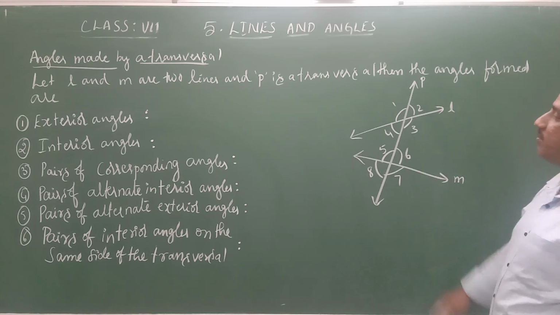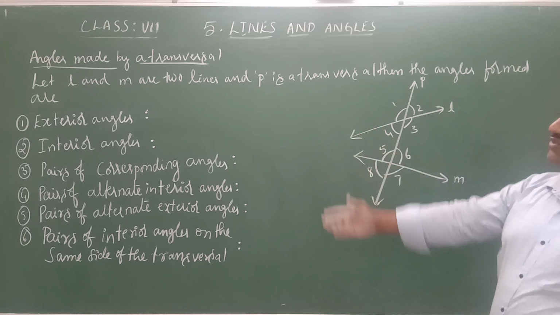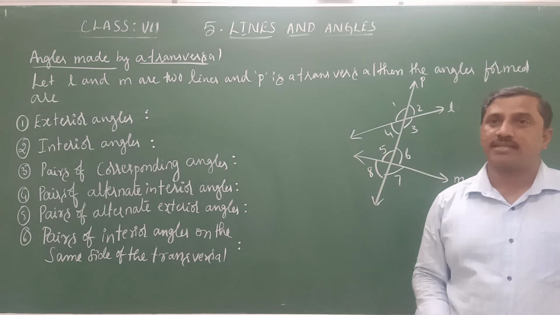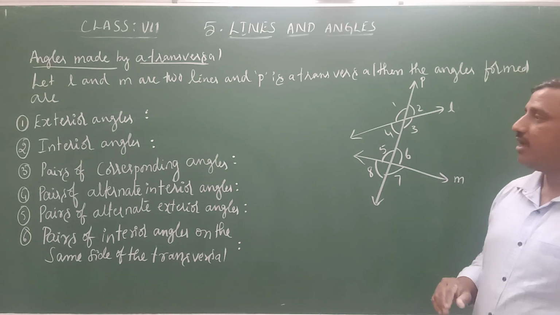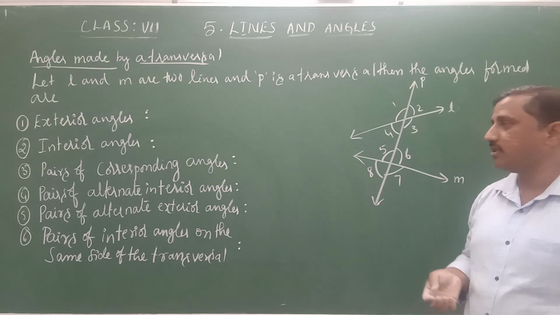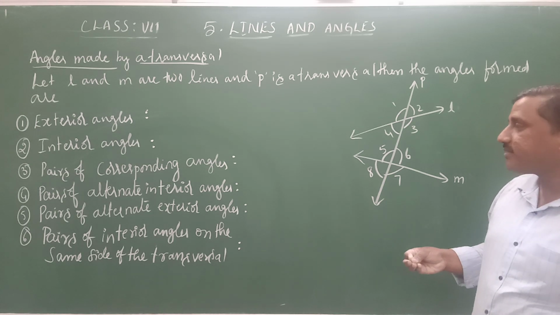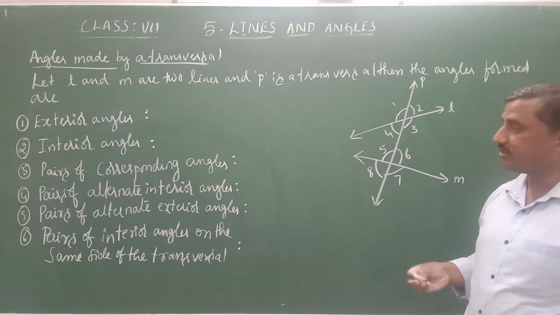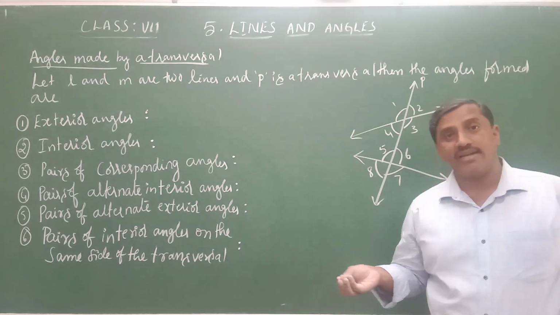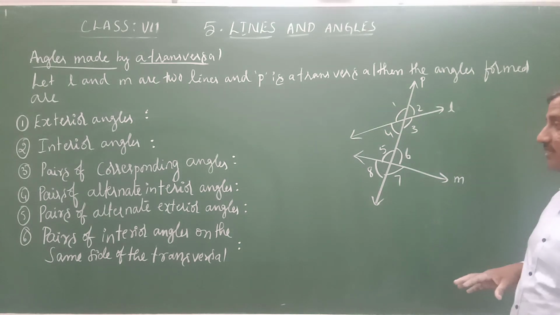Then the angles formed are: exterior angles, interior angles, pairs of corresponding angles, pairs of alternate interior angles, pairs of alternate exterior angles, and pairs of interior angles on the same side of the transversal.